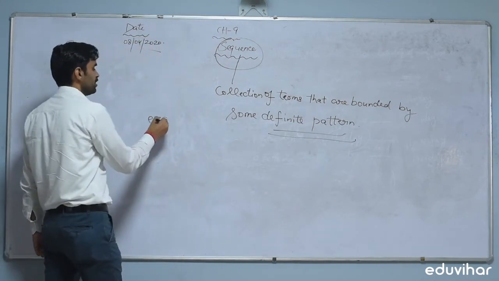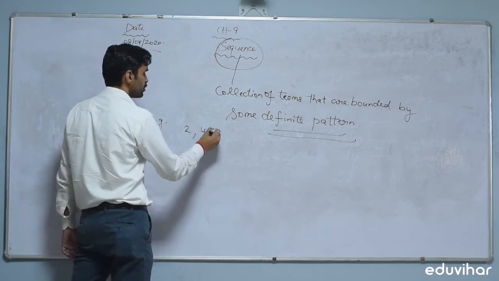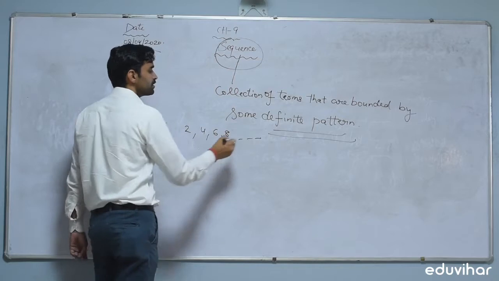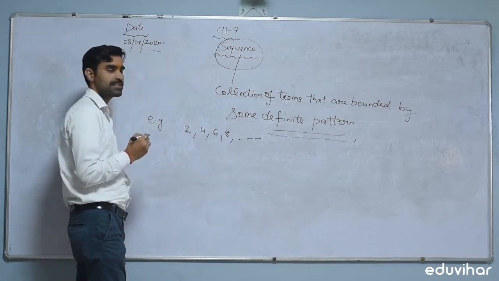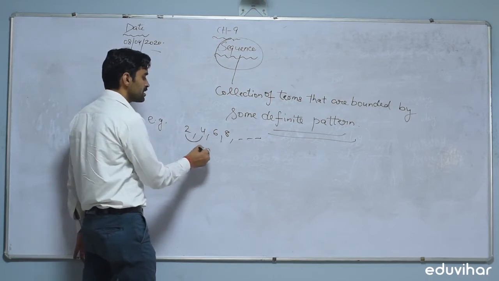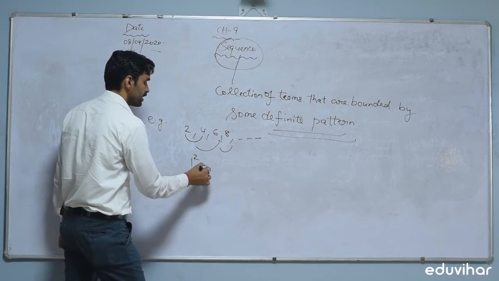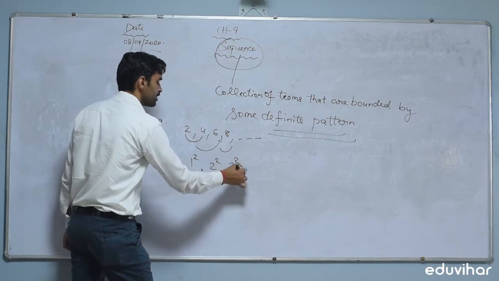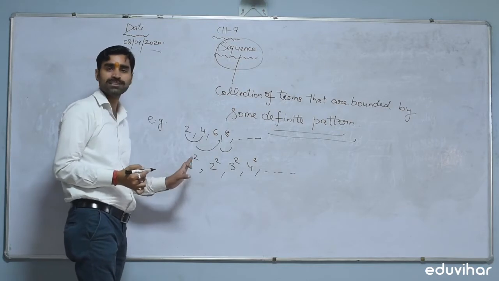For example, if we consider 2, 4, 6, 8, then we observe that this is a sequence where 2 is the difference. Again, 1 square, 2 square, 3 square, 4 square. This is the square of natural numbers.